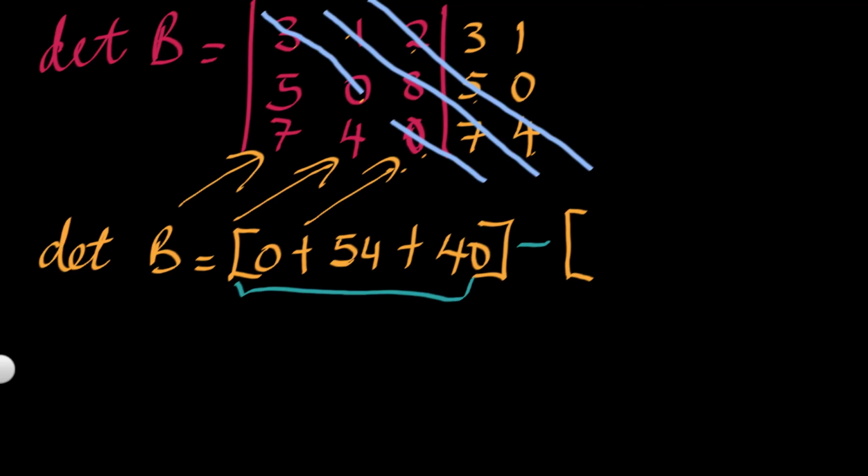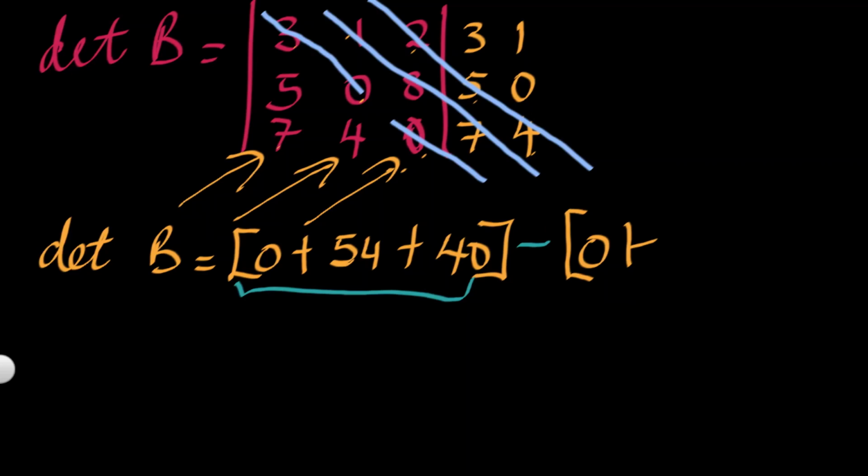I now go to the minor diagonals. This 7 times 0 times 2. I get 0 plus 4 times 8 times 3.